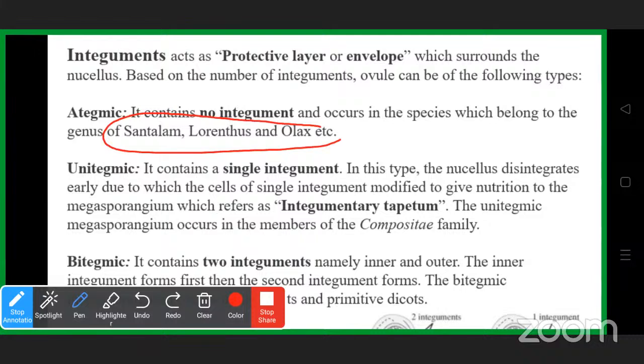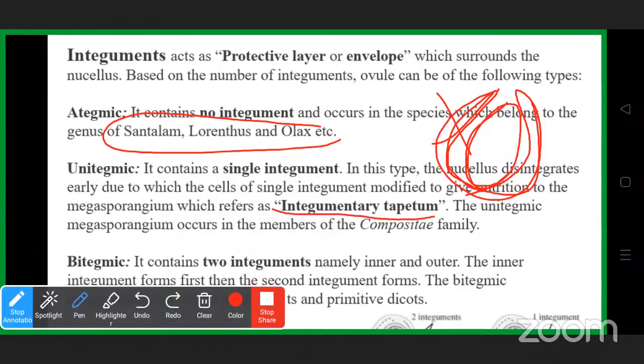Unitegmic has only one layer of integument. If a single integument layer is present in the ovule, it is called unitegmic, with the integumentary tapetum, and these are there in the Compositae family, Asteraceae family.